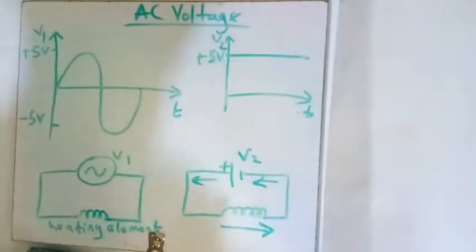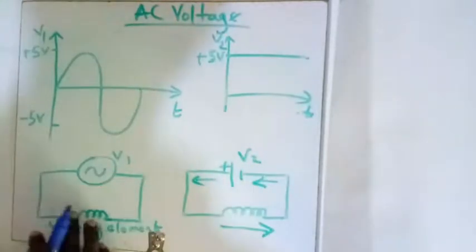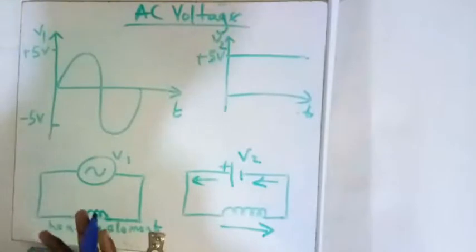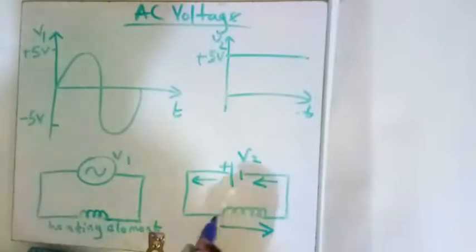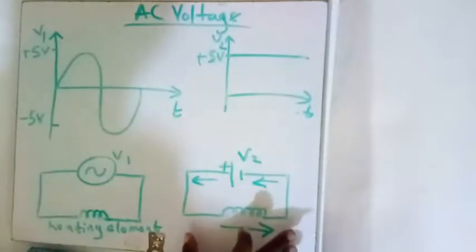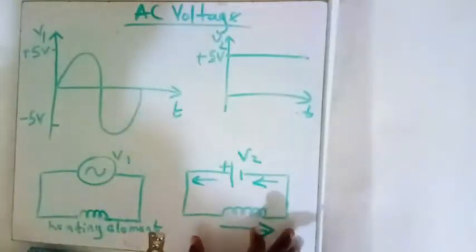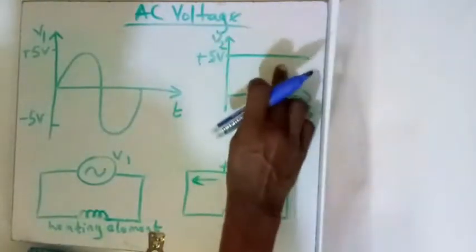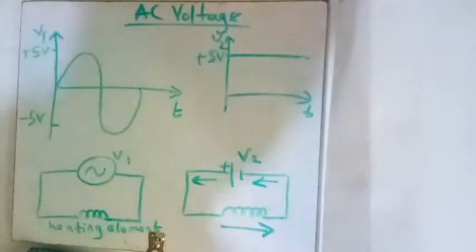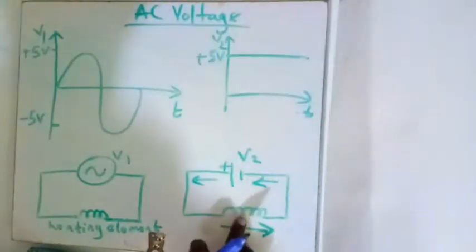So if we're just logically looking at this, which one of the two heating elements do you think will be hotter over a time frame of, let's say, 2 minutes? In 2 minutes, if you measure the temperature of both heating elements, this one automatically or logically should be hotter than this, because you are supplying constant voltage, constant power to the heating element.